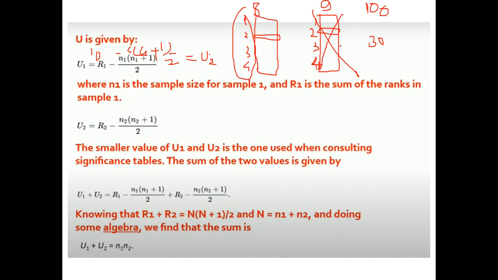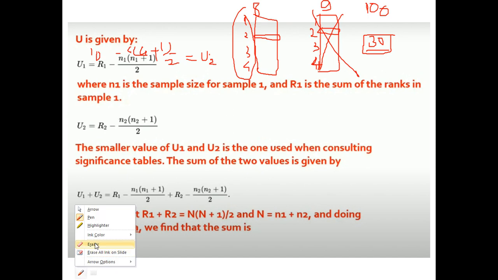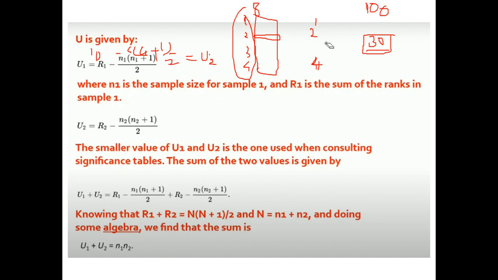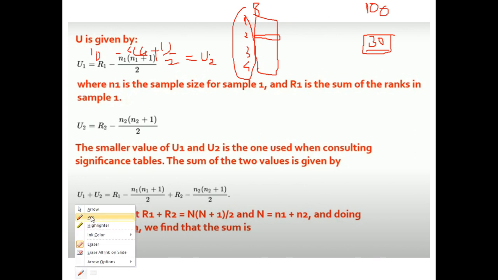Are they really significant, or is your performance bad or good, or are both performances the same? Here it is 2 rank out of 4, so 100 out of 30 may or may not be the same. So you have to test this, and in that case you can apply this.